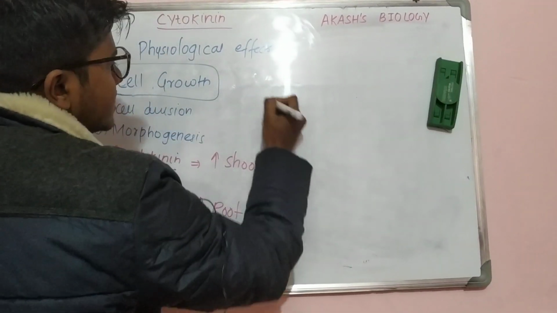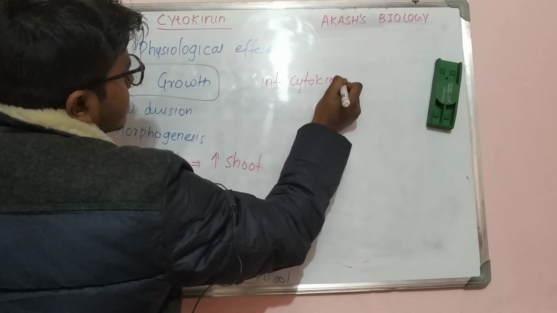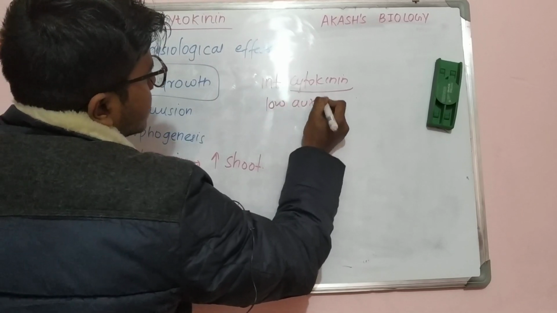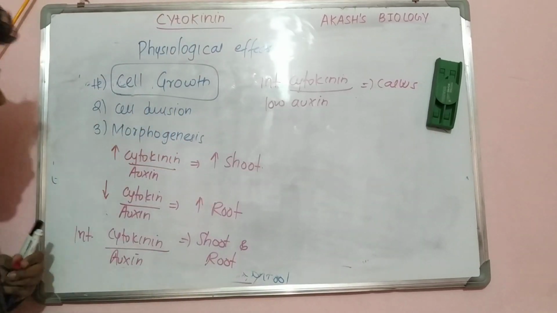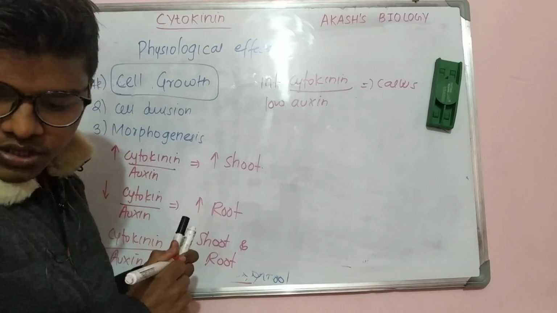And lastly, if there is intermediate cytokinin and low auxin, then it will increase the morphogenesis of callus. Then you can copy it by pausing the screen. So this is about the morphogenesis.